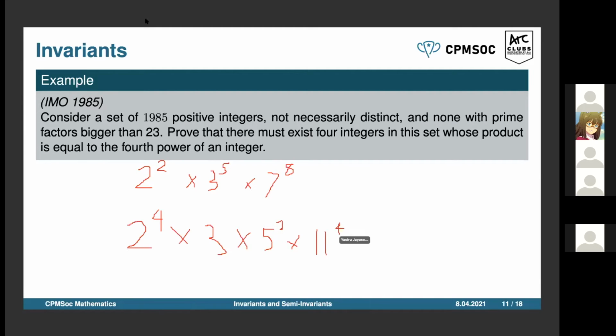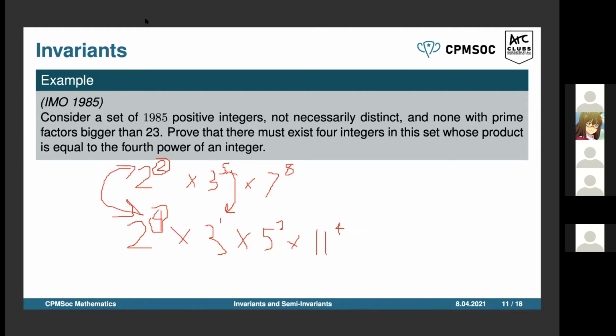So if you look at these two numbers, you see the exponents of 2 are 2 and 4, and 2 and 4 are both even, so 2 plus 4 is even. And also the exponents of 3 are 5 and 1. 5 and 1 are both odd. 5 plus 1 is 6, and 6 is even.